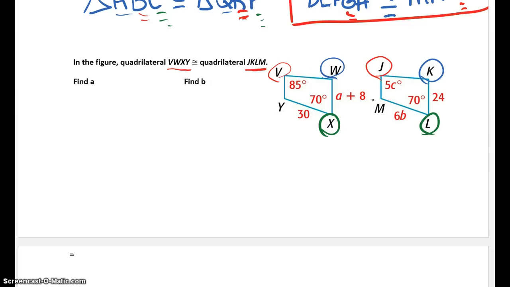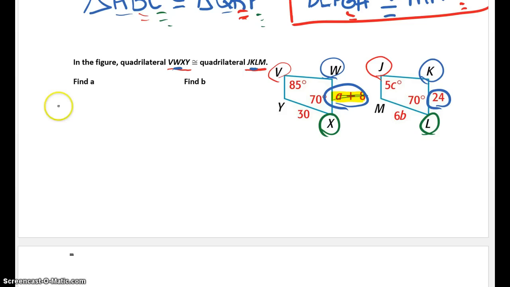Okay, so finding A. Here's A. Right there, A plus 8, so the length of the side WX should be equal to the length of KL. Look at WX, the two letters are in the middle. KL, the two letters are in the middle. So this is equal to 24.